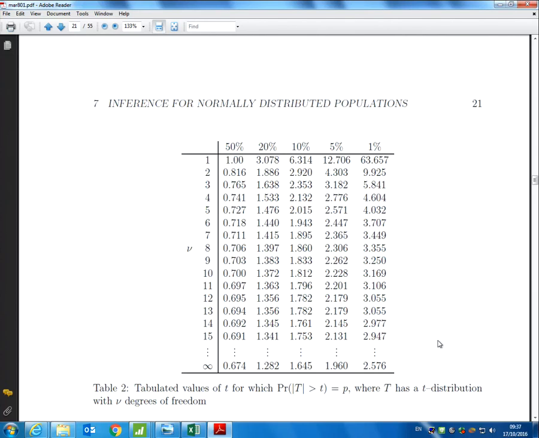It's more important to know what it represents. So just like mu was the mean, sigma was the standard deviation, this letter is the degrees of freedom. Okay, that letter there is known as the degrees of freedom.